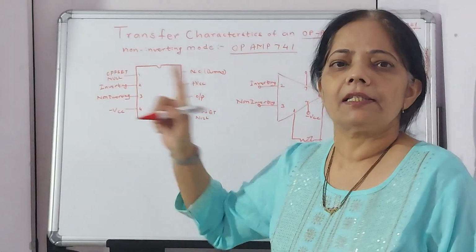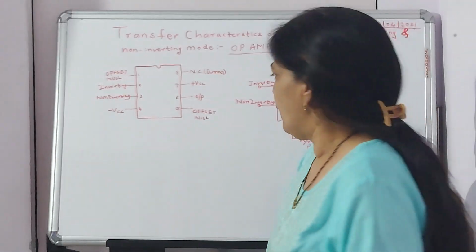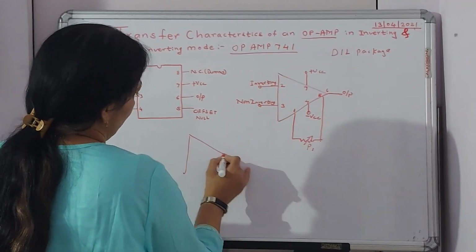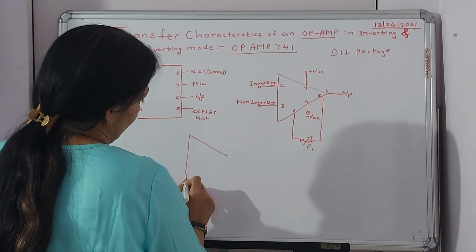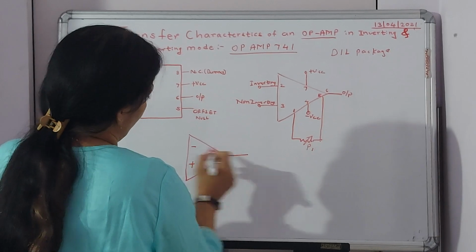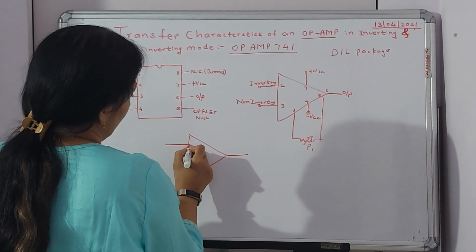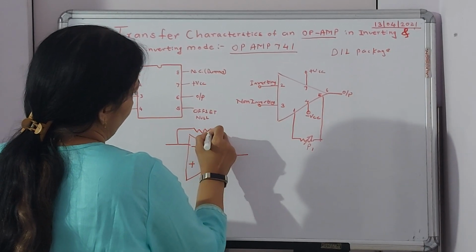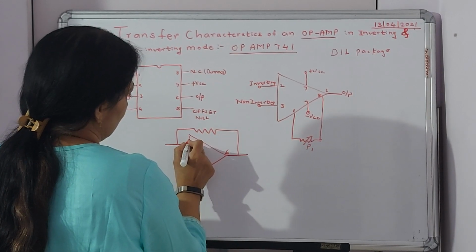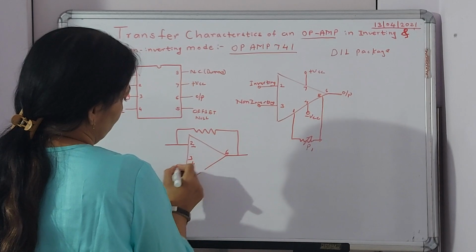So offset null is the first step which one has to do, and for that the experimental arrangement is this way. So I have my op-amp. This is minus, plus, output. Here I have a feedback resistor, pin number 6. This is 2, 3.